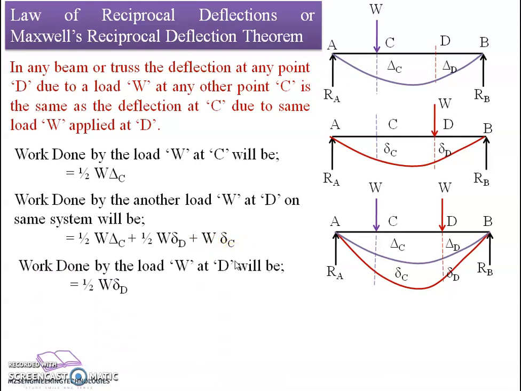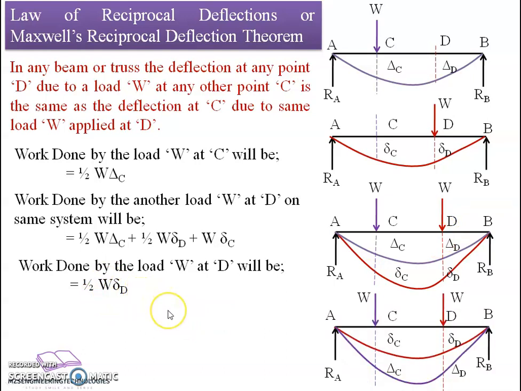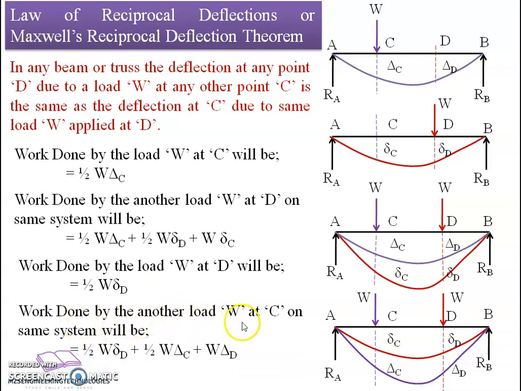Okay, now I will reverse the things. Instead of starting the work done from the point C, I am going to start with the application of the force at the point D. Then it will be 1/2 of W into delta D by D. And for the mutual action of the two loads at C and D, the work done by the other load W at C on the same system will be equal to 1/2 of W into delta D by D plus 1/2 of W into delta C. This is the second force which now causes distortion in the previous system.